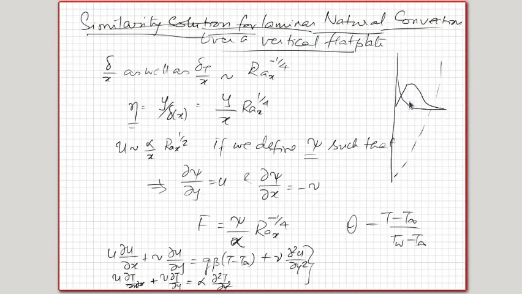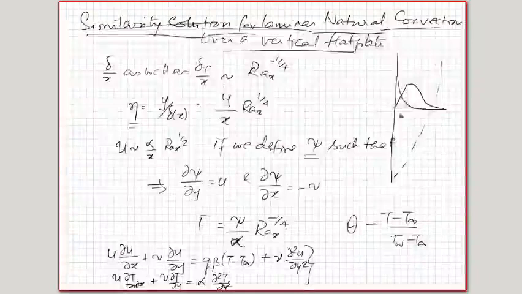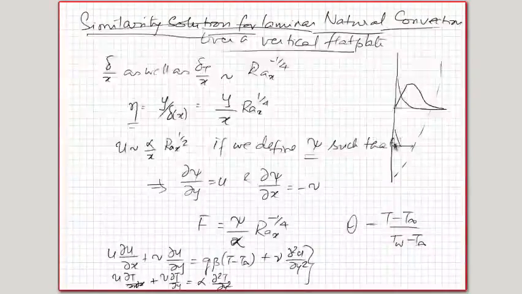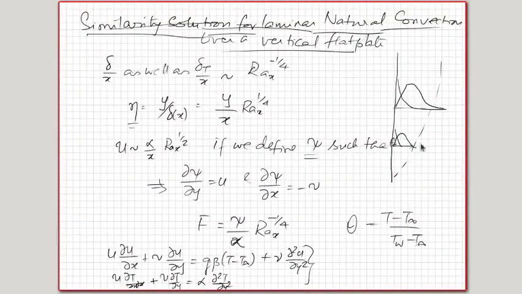Now this profile would basically be just scaled by the thickness of the boundary layer. So here it will be this and this, here it will be that, and as I go higher, it will be this and this. So the whole thing is getting scaled by the delta of x.